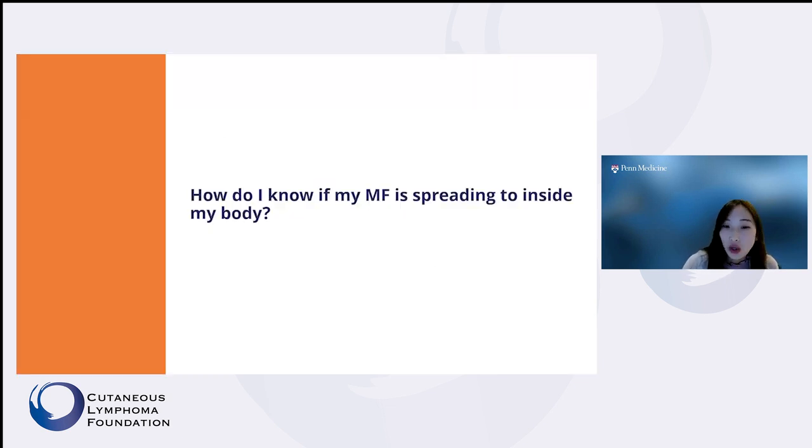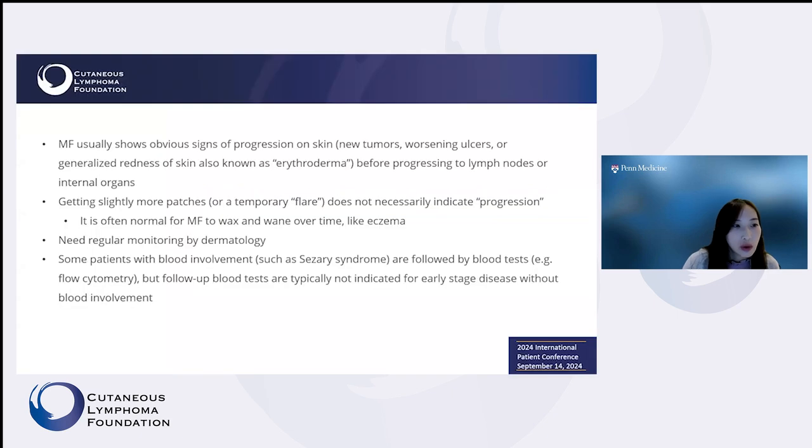So how do I know if my MF is spreading to inside my body? This is something that makes patients very nervous. MF will usually show obvious signs of progression on your skin, such as tumors, worsening ulcers, or generalized redness of your skin that is known as erythroderma, before going into your lymph nodes or your internal organs.